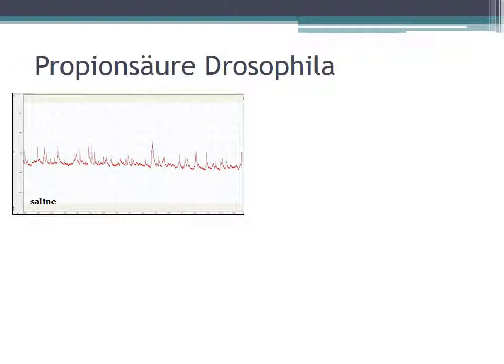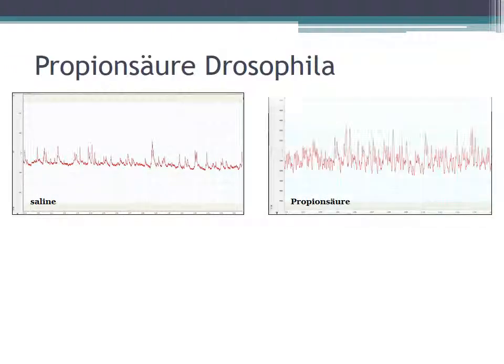On the y-axis you have the amplitude of the EPSVs, of the minis. In saline you can see there are quite some minis, usually, in the fly. If you add propionic acid, though, you can see that the minis increase a lot.